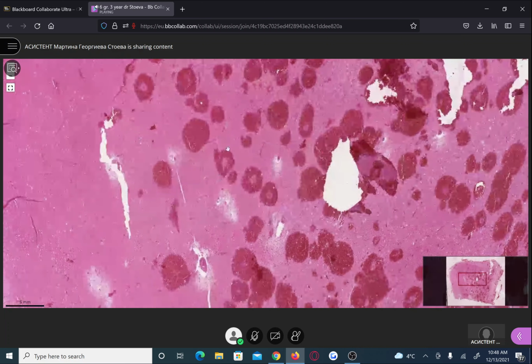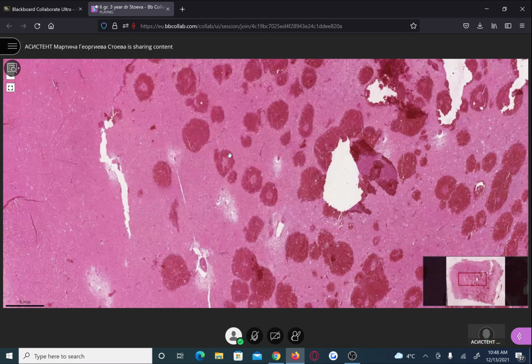And then we concentrate on the appearance of the hemorrhages. They are dot-like hemorrhages, and in some of them we can find the pallor area.